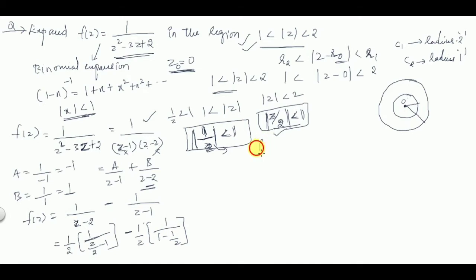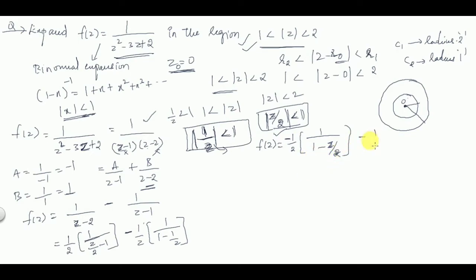So f of z is 1 by 2 into, so if I take a minus common, what will it become? 1 by 1 minus z by 2. Z by 2 minus 1 becomes 1 minus z by 2. That's all.